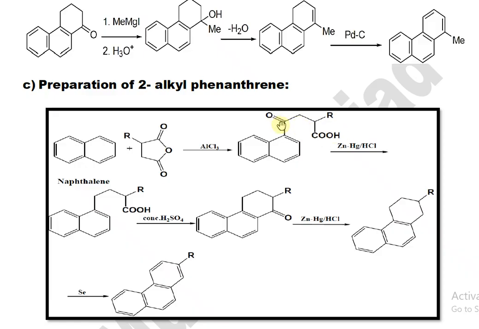We have a carbonyl here. It enters the Clemmensen reduction to reduce the carbonyl to CH2, and then cyclization, finally reducing the carbonyl group to CH2, and aromatization to give 2-substituted phenanthrene, also by Haworth synthesis.